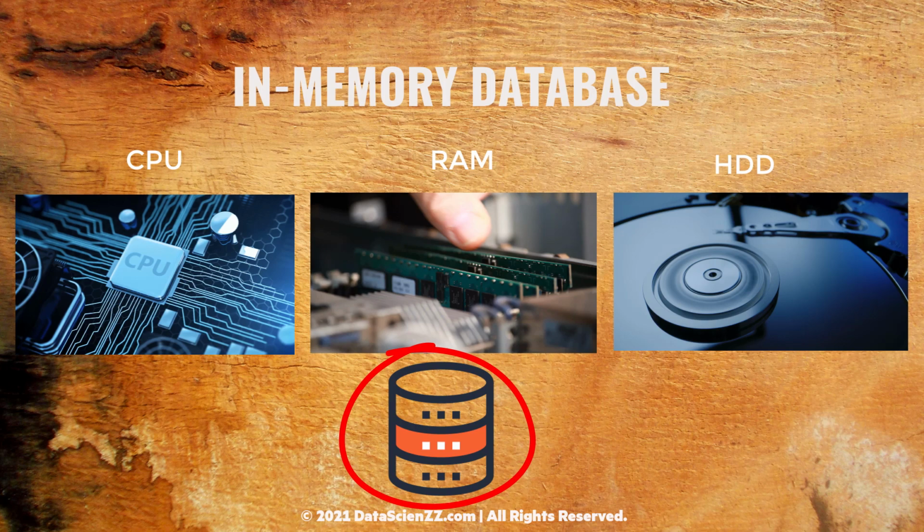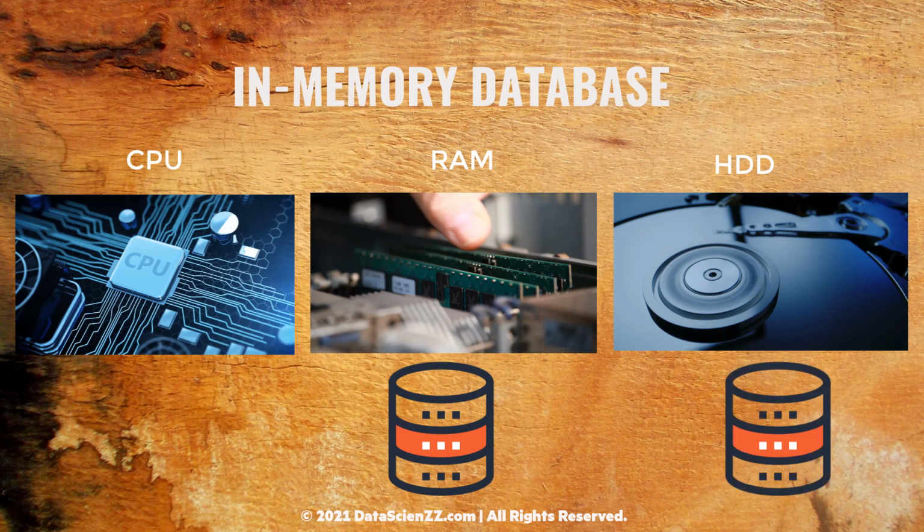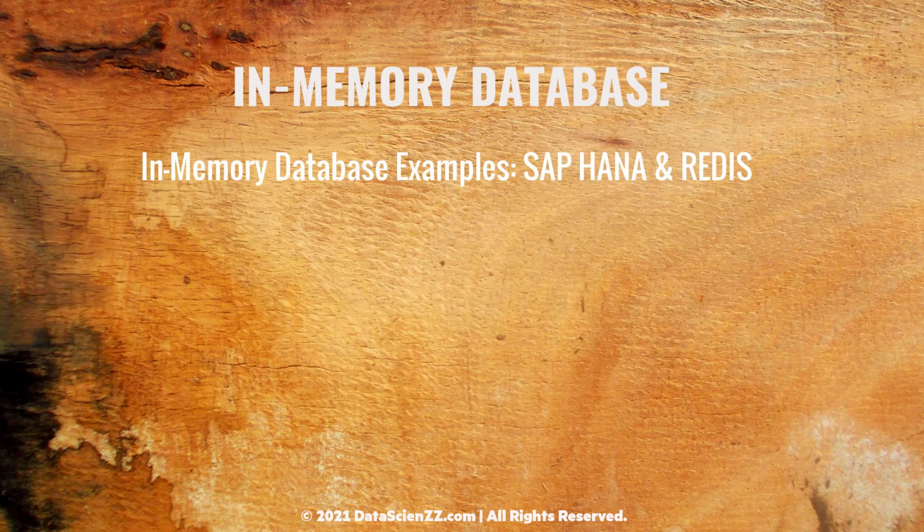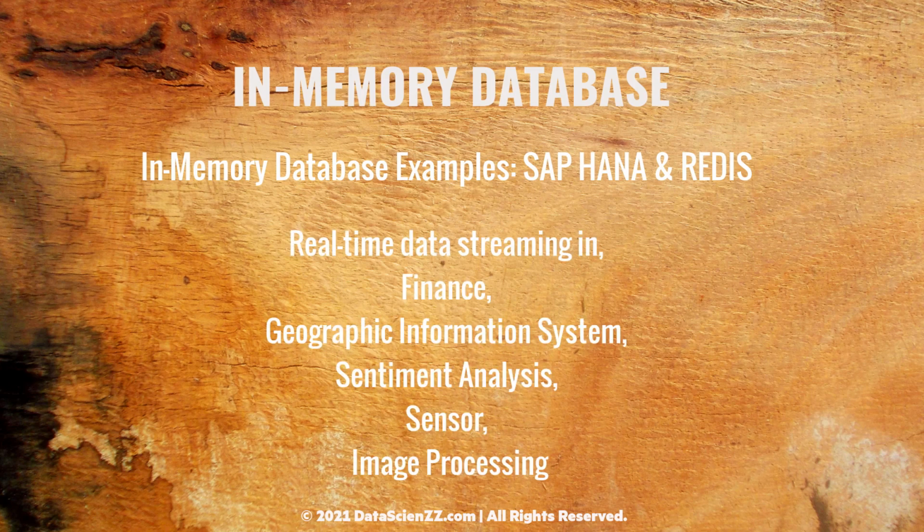So, an HDD is also there in the system for periodic backups. SAP HANA is an in-memory database with both column and row-wise data processing capabilities. As the in-memory database is extremely fast, we can use these to handle real-time streaming data in finance, geographic information systems, sentiment analysis, sensors, and image processing.